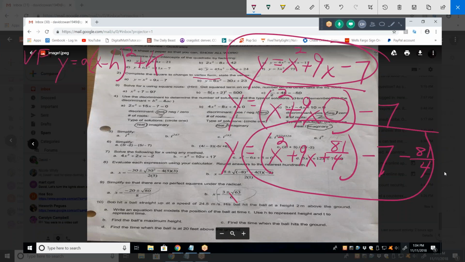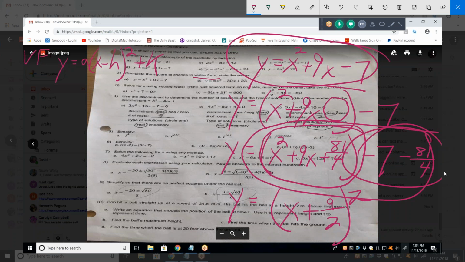But the fact that I have completed the square allows me to write that how? Perfect. What's all that equal to? So over here in the upper left, we have minus 7 minus 81/4.